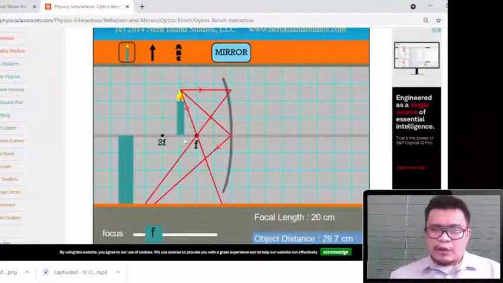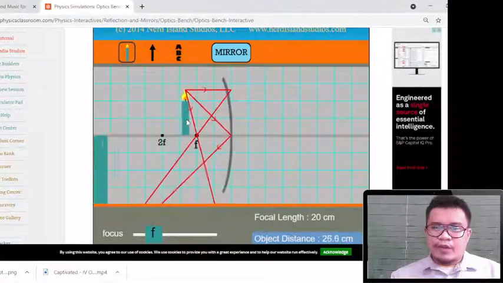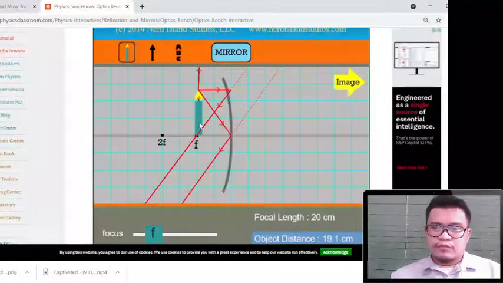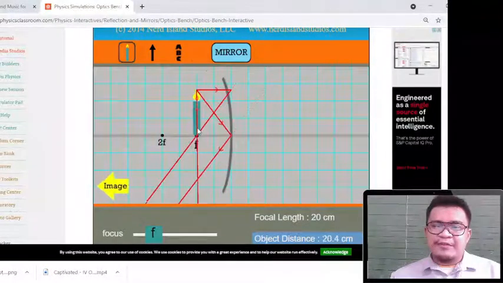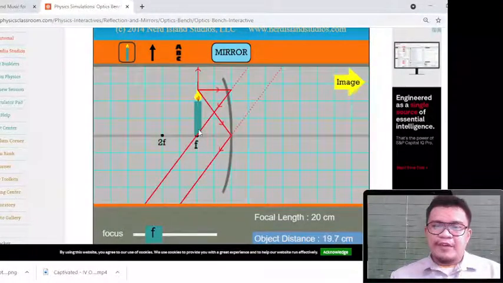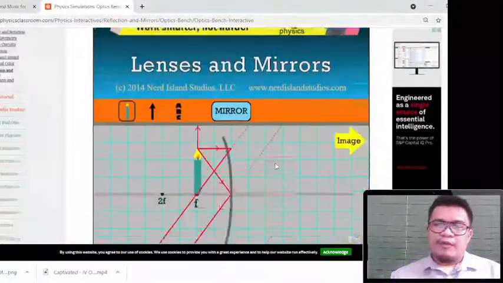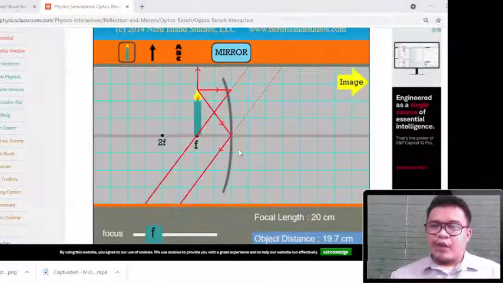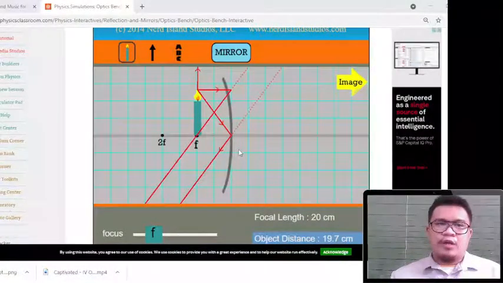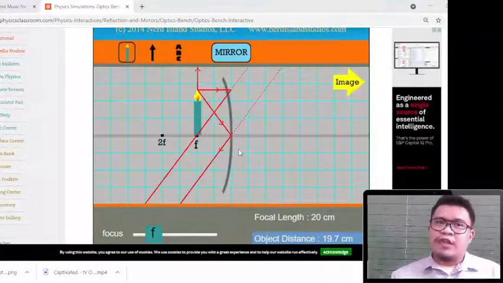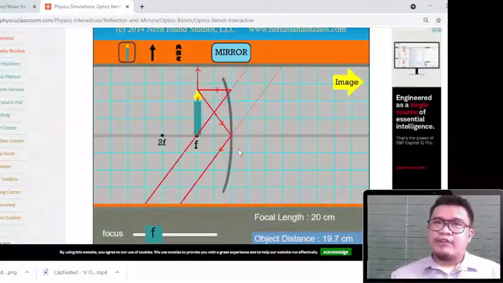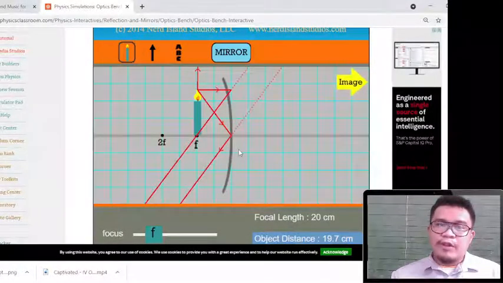So now what if I slide this to F? If you slide this at F, you can't see the image here, right? So that's why we always consider that if the object is at F, the image cannot be seen. If you look at yourself in front of the concave mirror in this case, you will see a blurry image of yourself.